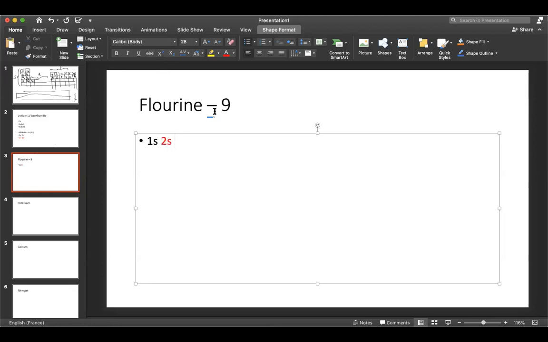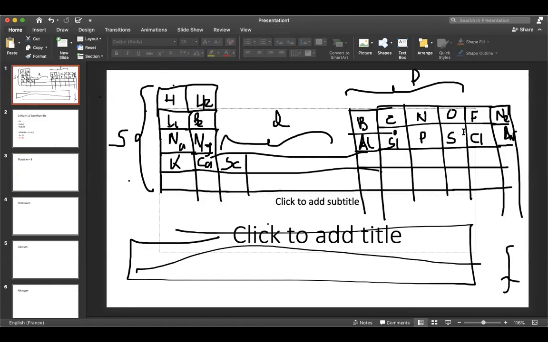Let me just do this, maybe it will make more sense. Fluorine is here, at this position. Now, it is found in the P block. That is where the nonmetals and the metalloids are found. That's the P block.